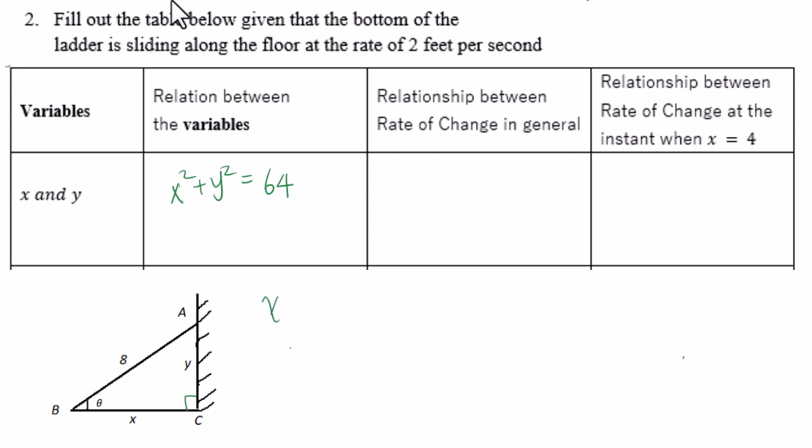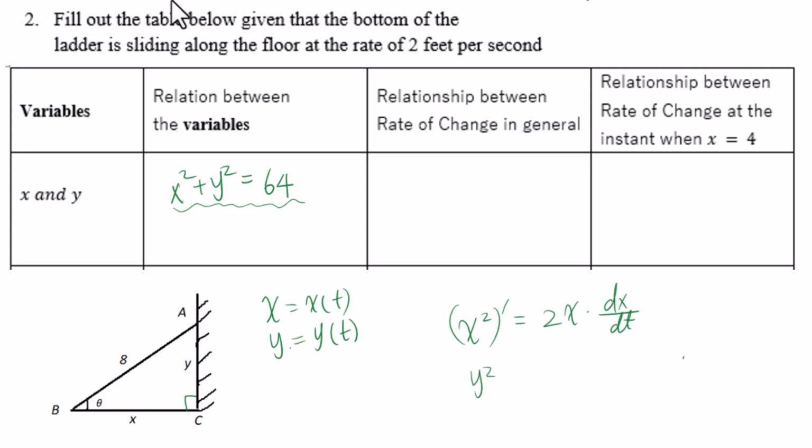Relationship between rates of change in general. We know x is a function of t. y is a function of t. We will take a derivative with respect to t for this equation, which means for x squared, we will get 2x times dx by dt.